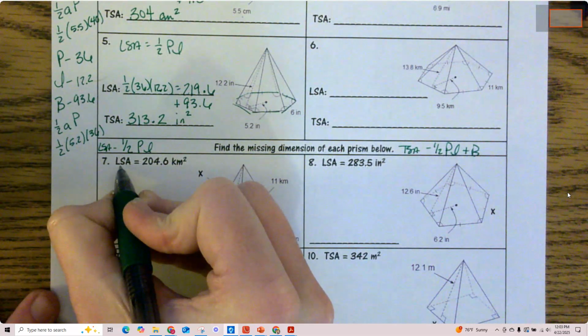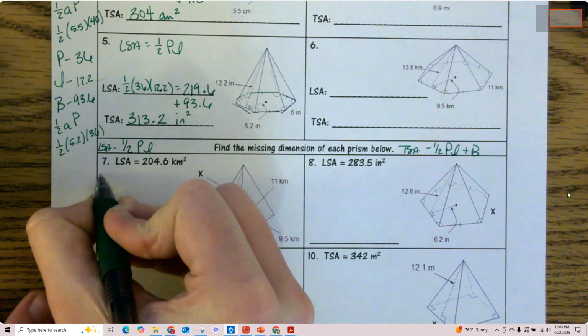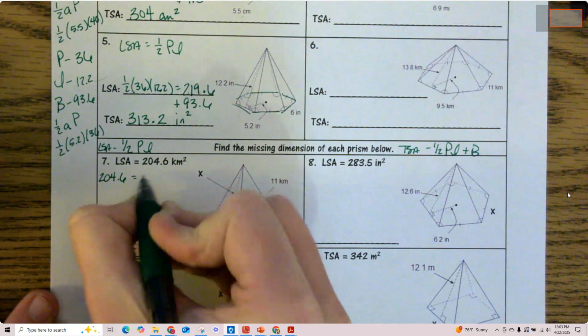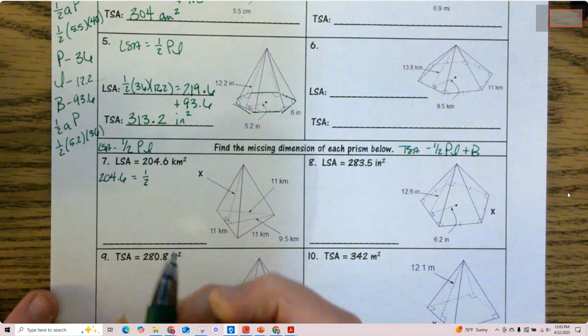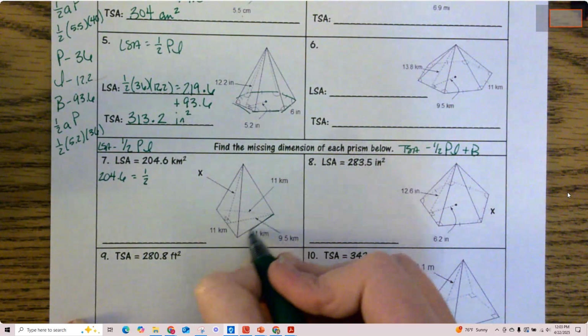All right, so this one, we're going to use lateral surface area. So 204.6 equals 1/2 times the perimeter. Lateral surface area is easier than total.